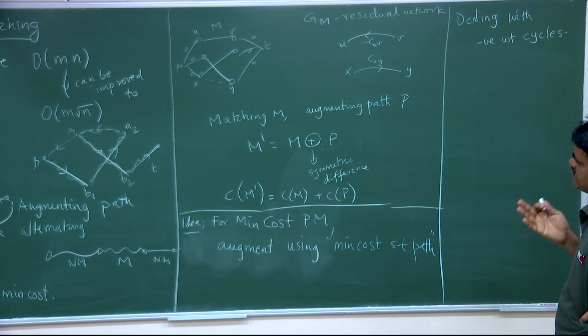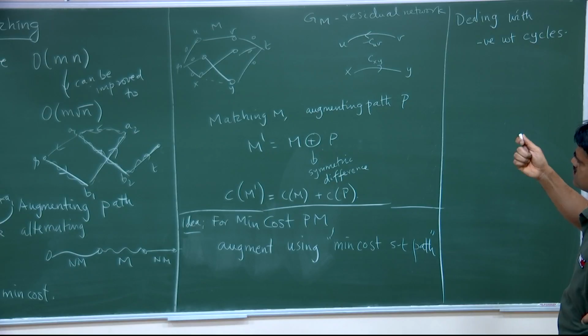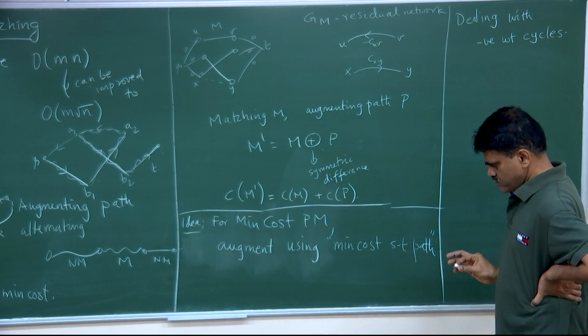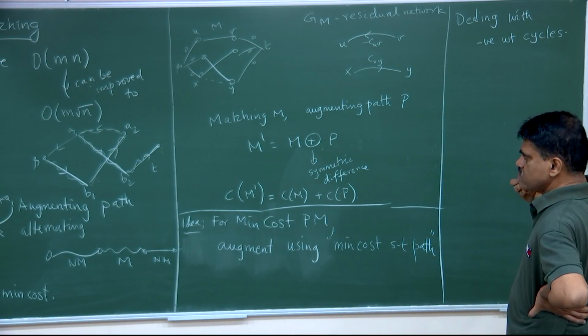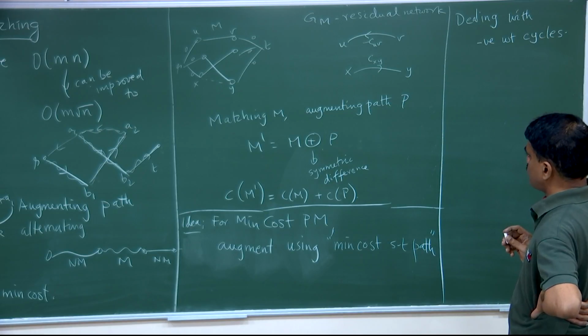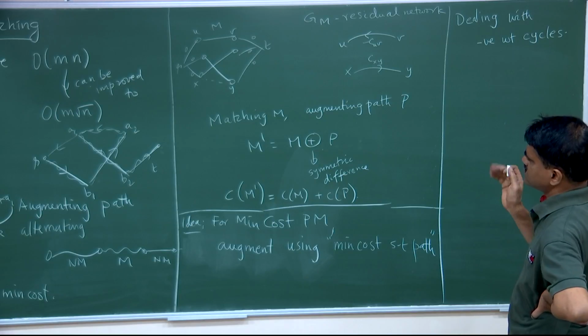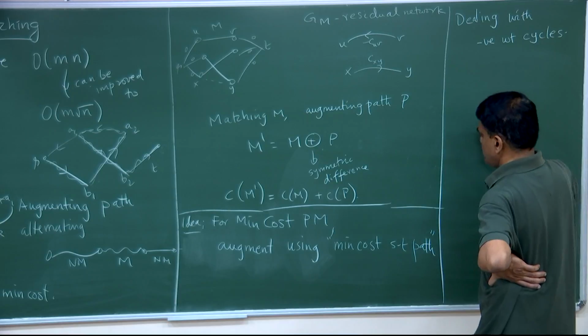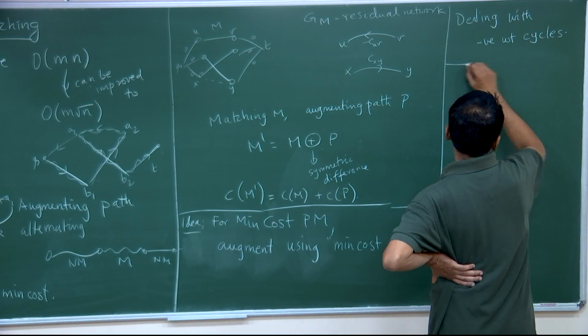One way we will deal with is that somehow we will change our cost, or we'll augment in a way that changes the cost slightly in a way that you never have negative weight cycle. But before that, let's prove this nice simple lemma.